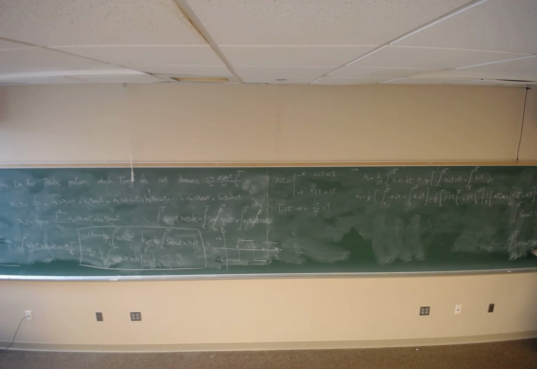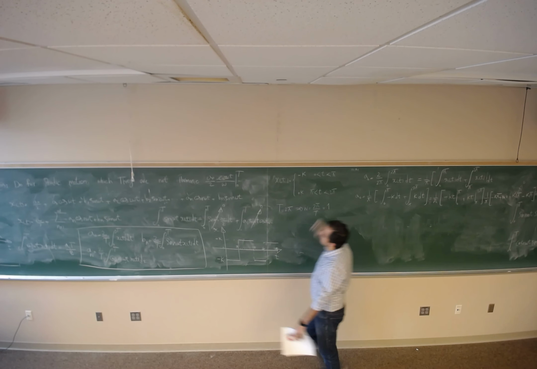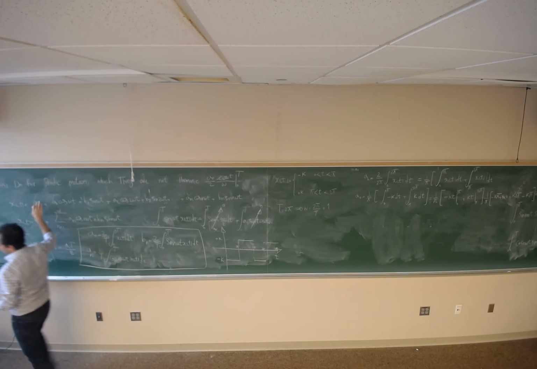So negative k times pi, negative k times pi, that is negative 2k pi, plus 2k pi, it's going to be 0. So inside the bracket is going to be 0. 0 divided by pi is going to be 0. So we don't have any constant term for A naught.